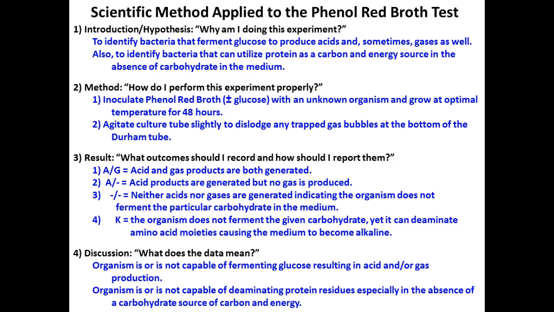So you say, I know mine produced gas because there's the presence of the bubble in the Durham tube. If yours had turned pink, you know your organism deaminated the proteins, produced the alkaline product ammonia, which increases the pH and turns it what? Pink. Still with me? All right.